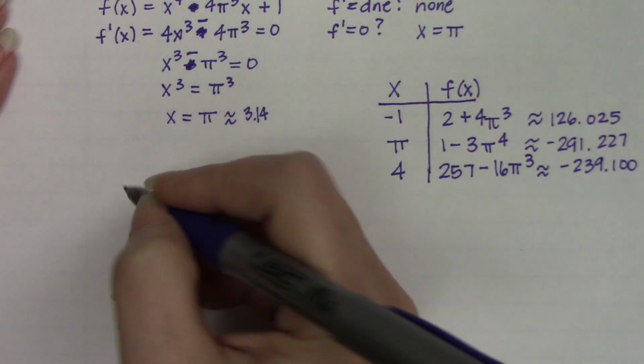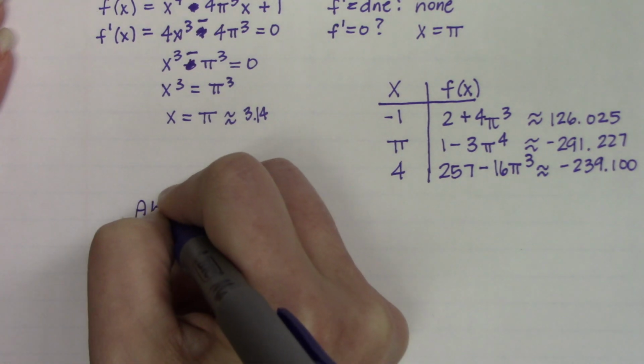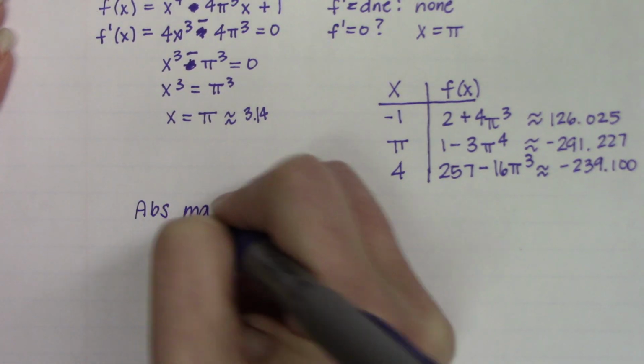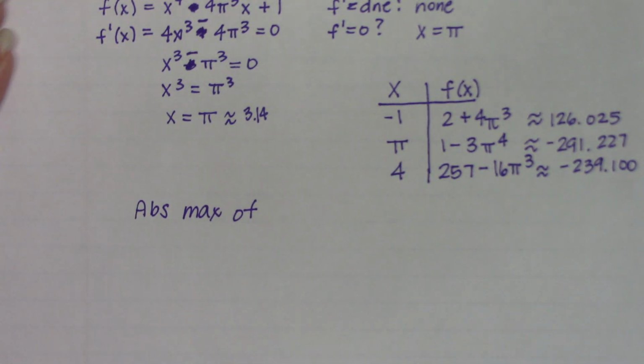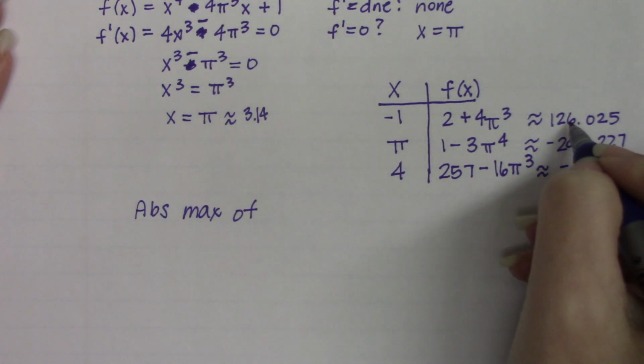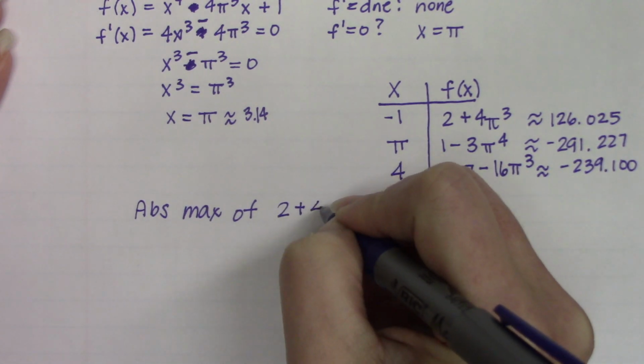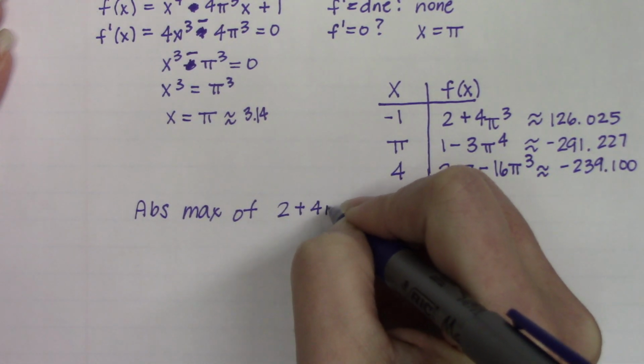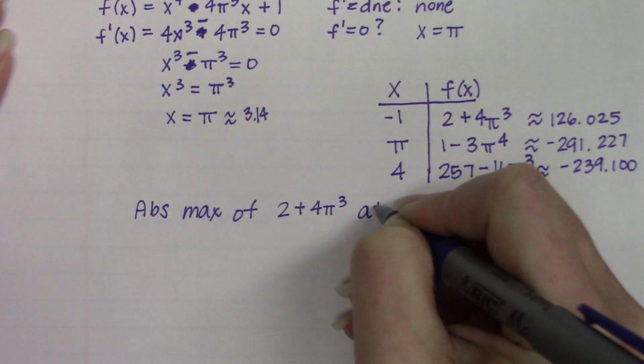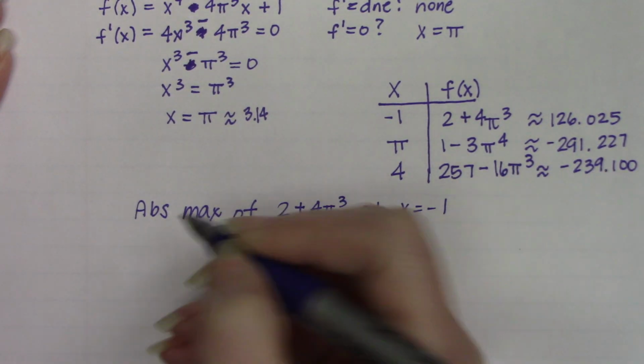So the way we would report our answer here is there is an absolute maximum of 2 plus 4 pi cubed at x equals -1.